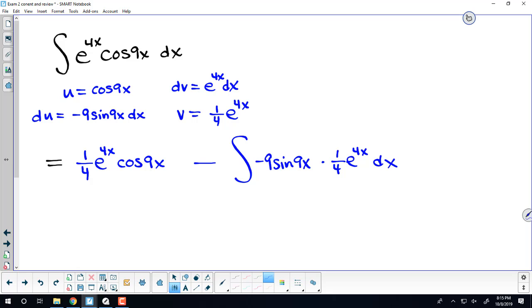So I just recommend, like I said, just put everything in as it is, u, v, du, dv, and then you work on reconciling signs or pulling constants out if you want.